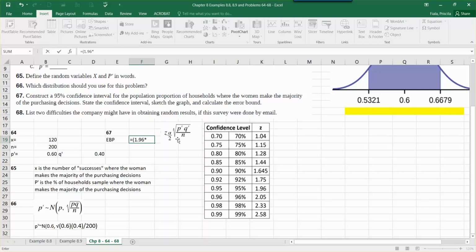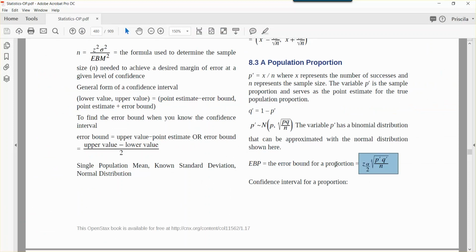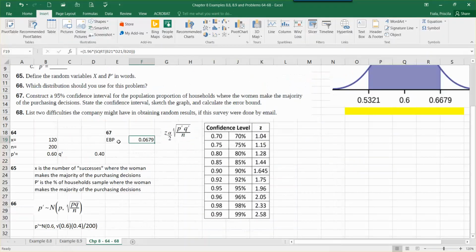Times, and then right here, I'm looking at the other portion, we have the square root of the sample proportion, or you could say number of successes times number of failures, divided by my sample size. And that's going to be the error bound for a proportion.